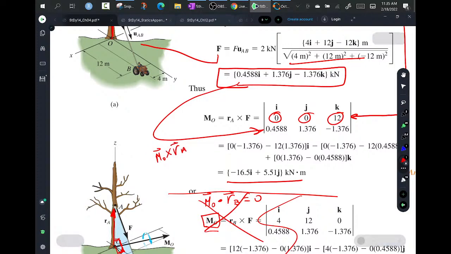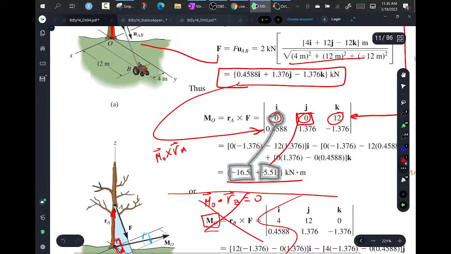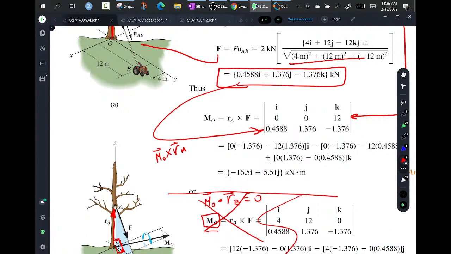Okay, let's take a look at it. This number times that number plus this number times that number. I think by nature that's 0, so I didn't really get much out of that one. But now let's take this, all M moment resulting, dotted with. I'm sorry, I should have been saying dotted with.